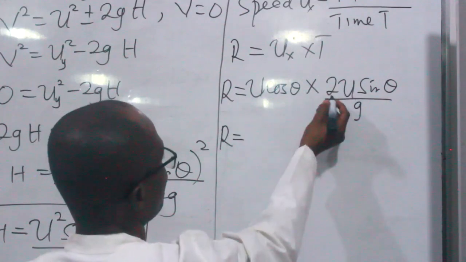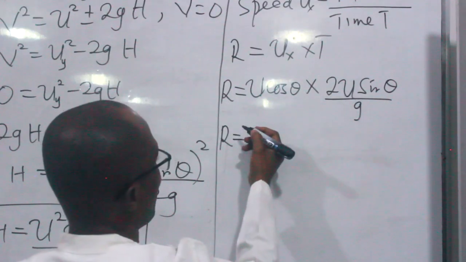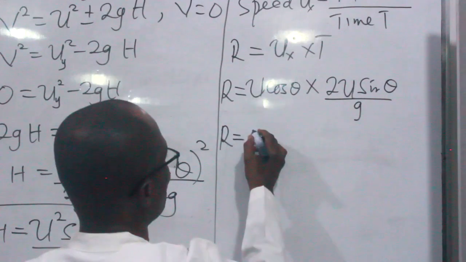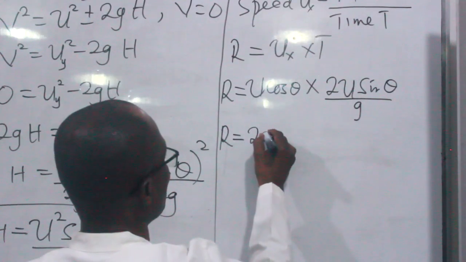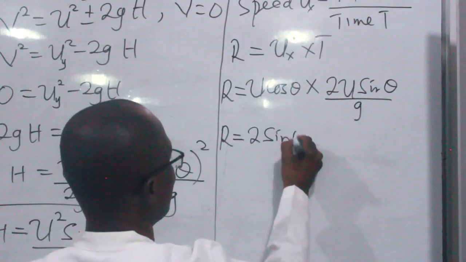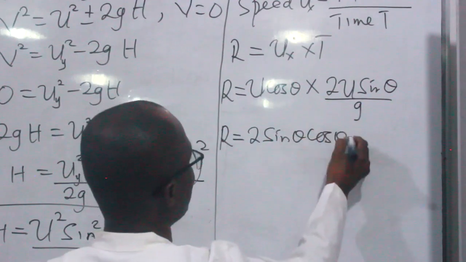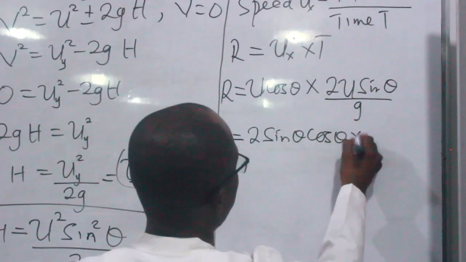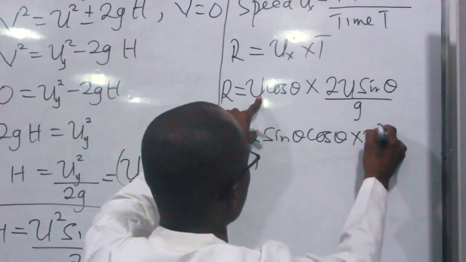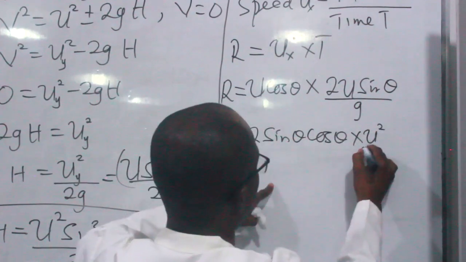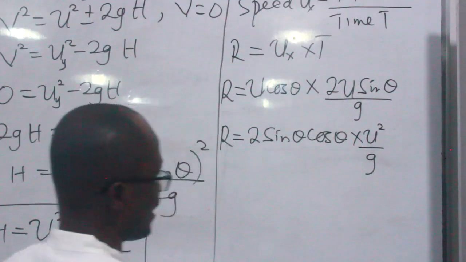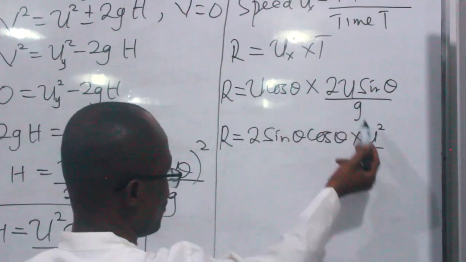We now factor out 2 so that we have 2 sine theta cos theta, then times u squared over g. The idea is, look at this, u times u.